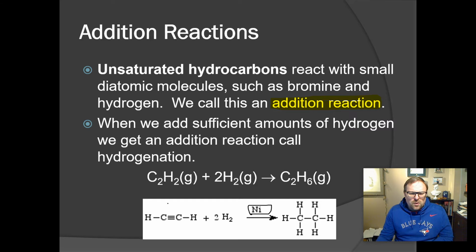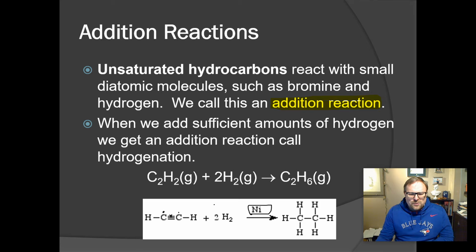Okay, so the triple bond here goes down to being a single bond. What ends up happening is we break this triple bond down to a double bond. And then I'm going to put a couple of dots here. Those dots represent bonding electrons.